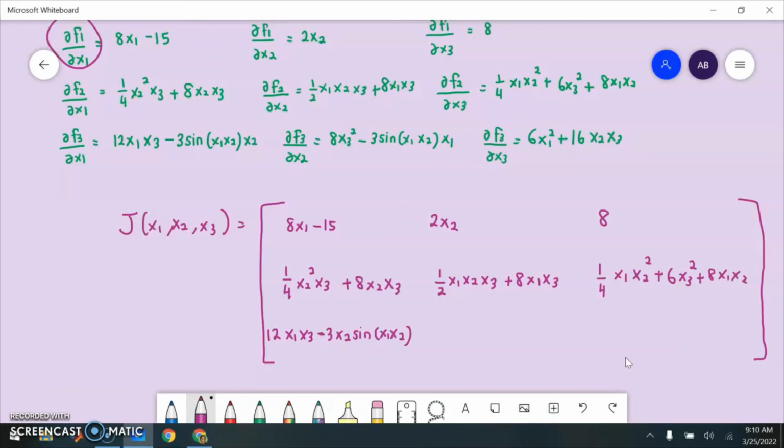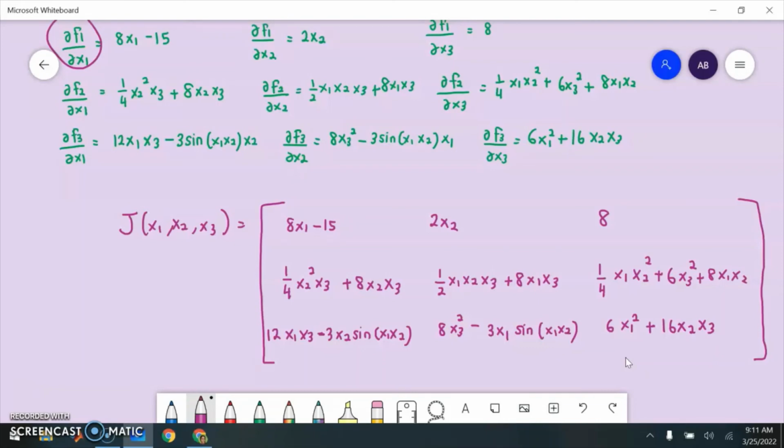Okay, much better. And then this part here will be 8x3 squared minus x1, right in the front, 3x1 sine x1 x2. And then lastly this one, 6x1 squared plus 16x2 x3. Here you go. This is the Jacobian of the three-dimension system.